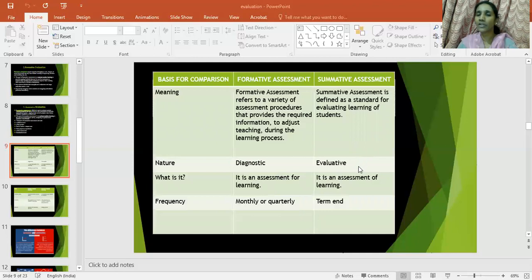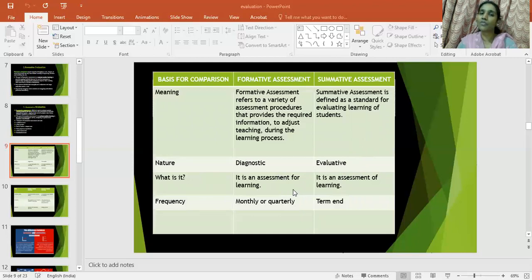And in summative evaluation, you are going to assign the grades. After your final exam you will get your percentage, your grade A plus, B plus, 70%, 80%. On the basis of summative assessment only you will get these kinds of results. What is it?